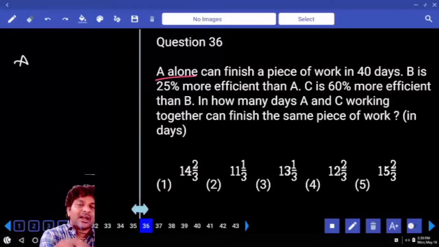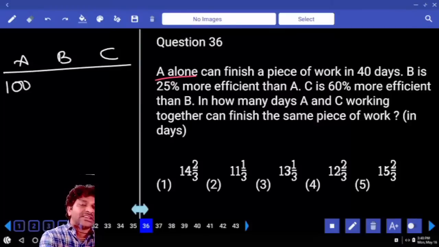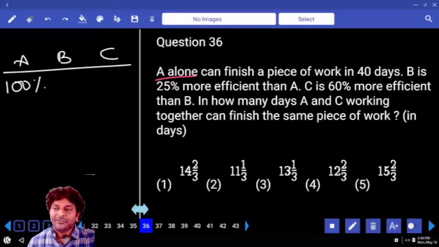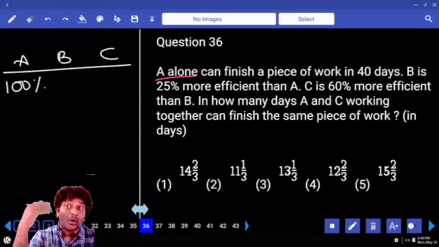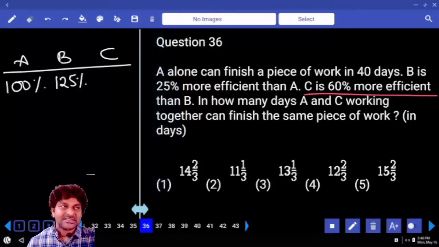Now they are giving comparison between A and B, and B and C efficiency, correct? If A's efficiency is 100%, B's efficiency is 25% more, that is 125%.